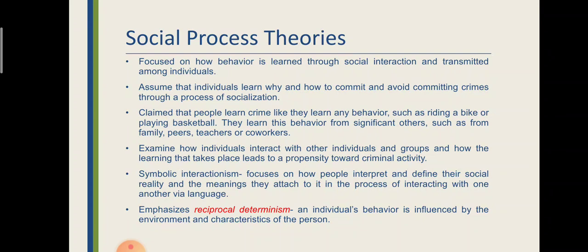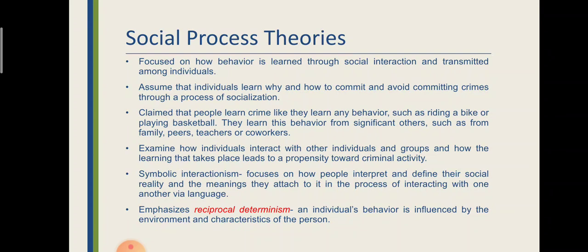So symbolic interactionism plays a big role in shaping the behavior of the person, because they tend to symbolize a certain behavior that is also influenced by social conflict or by cultural conflict.